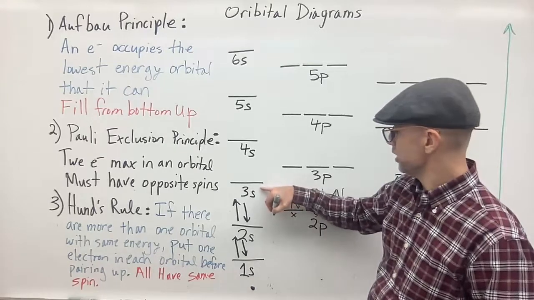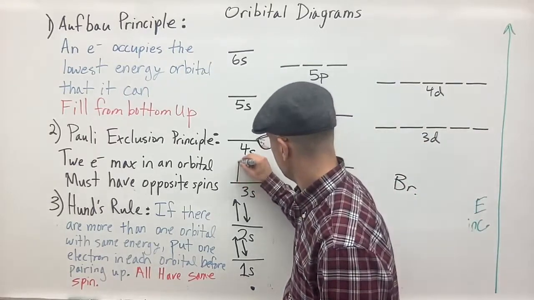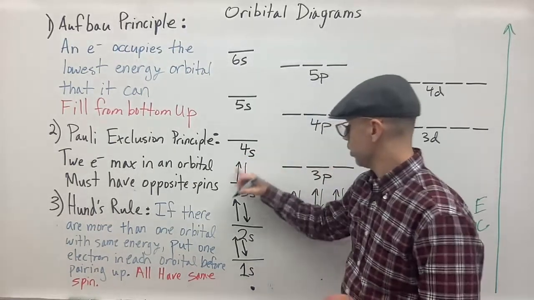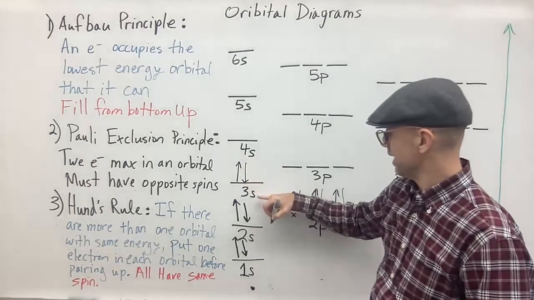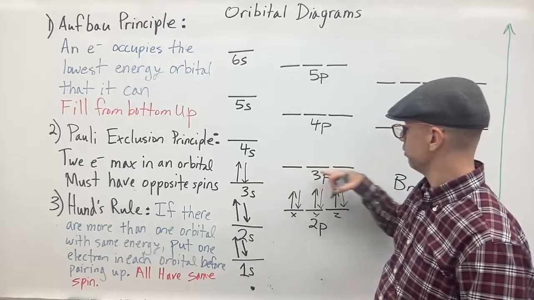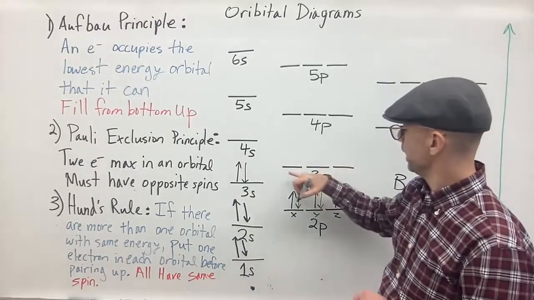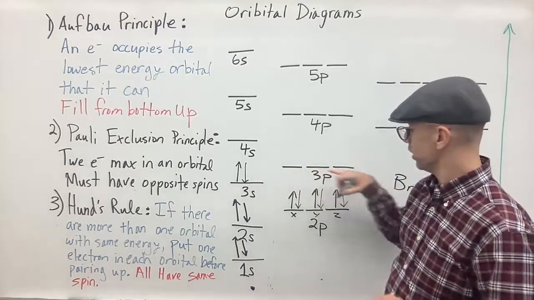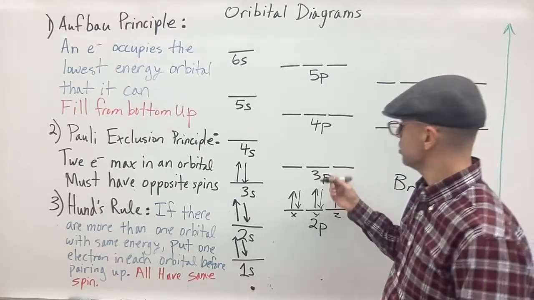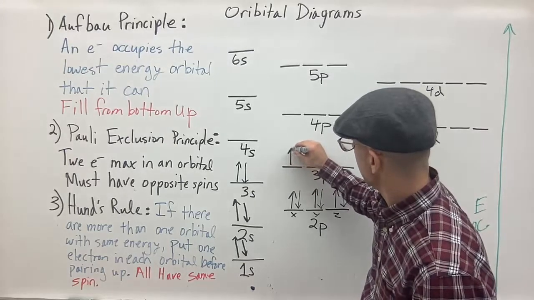So the next energy level is the 3s. We're going to put 2 electrons here, spin up for that one, spin down. Again, we only have one orbital at the s sublevel here. That's one orbital. Here we have the p sublevel at the 3rd energy level. And again, we have 3 equal energy p orbitals, the px, py, pz. So again, we're going to follow Hund's rule, and we're going to put them in one at a time, same spin.